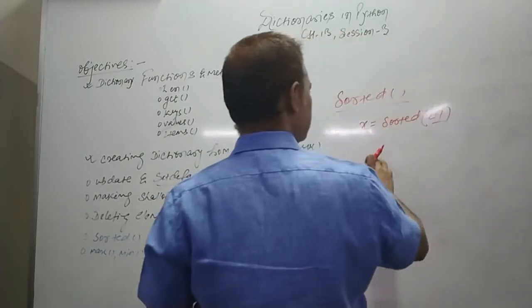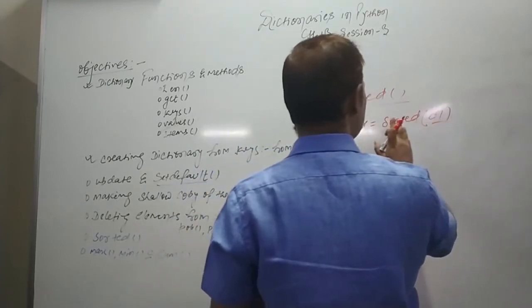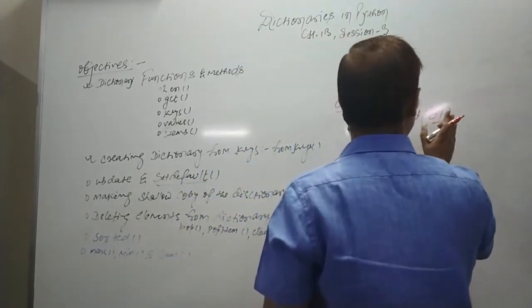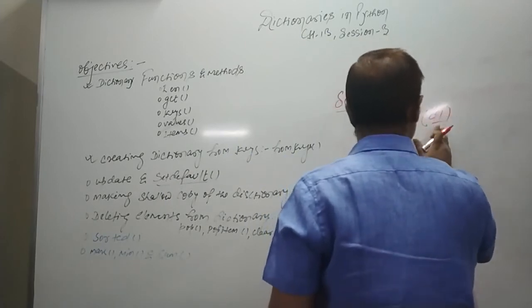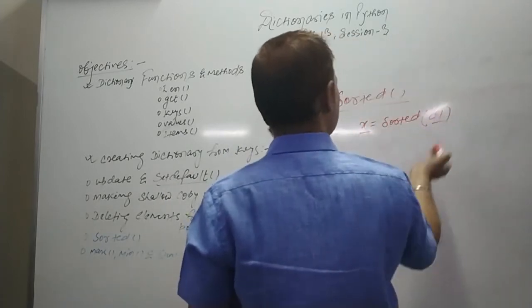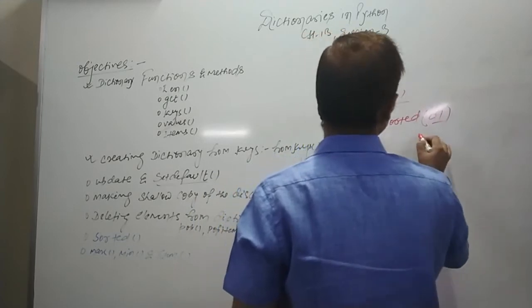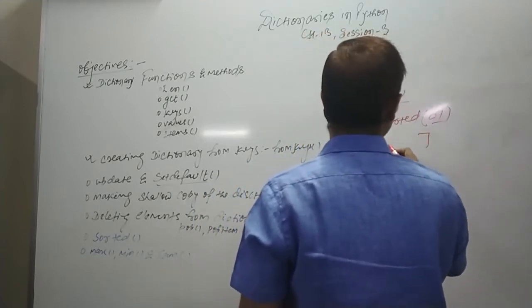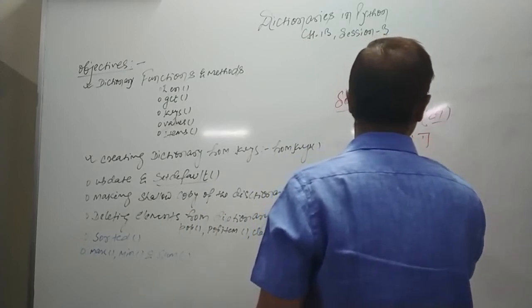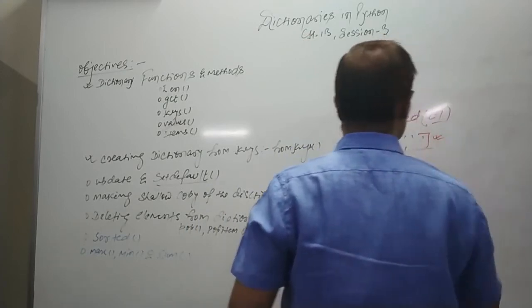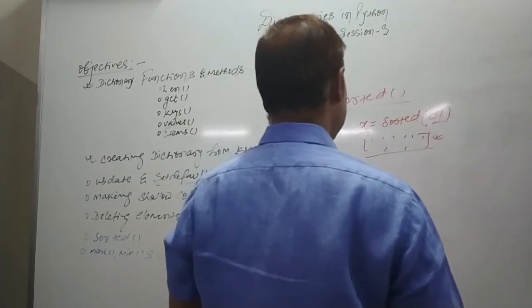By mistake, I mentioned dictionary dot sorted. So x = sorted(d1) will simply sort all the keys of this dictionary d1 and store them in x. So once we see x, it will give you all the keys only, in the form of a list in square brackets. That is what the sorted method is.